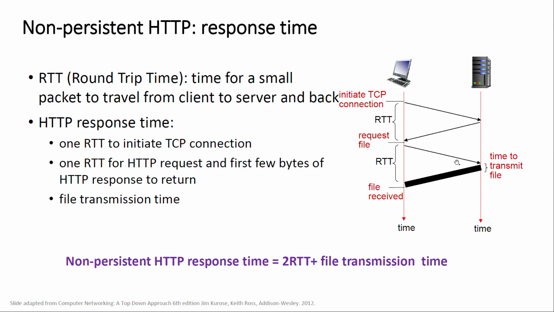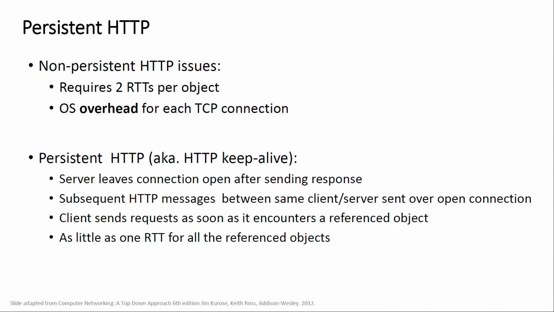Then you request to download an object, and the server sends it back to you. But now it also takes one more RTT, plus the amount of time required to send this file. If it is a small file, then you will receive it very fast, but otherwise it will take some time. So non-persistent HTTP response time equals these 2 RTTs plus file transmission time, which depends on the file size and connection speed and so on.